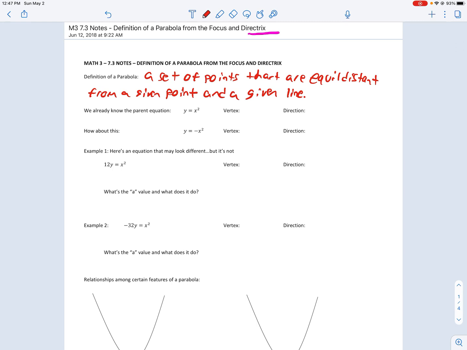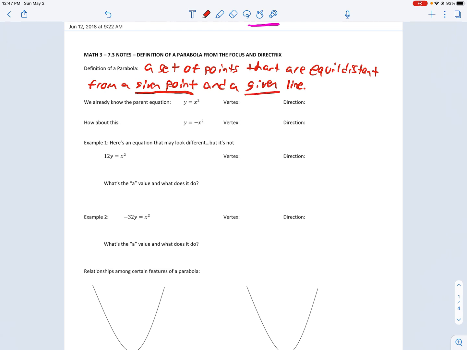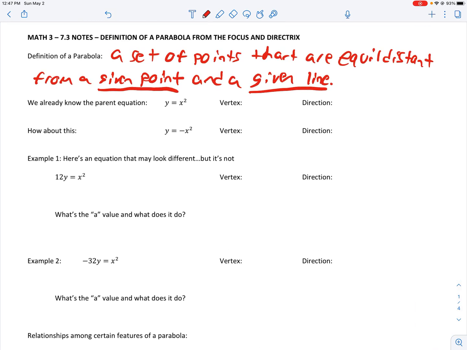So a set of points that are equidistant from a given point and a given line. And that point and that line are going to have a special name, which we'll talk about later on in the notes.